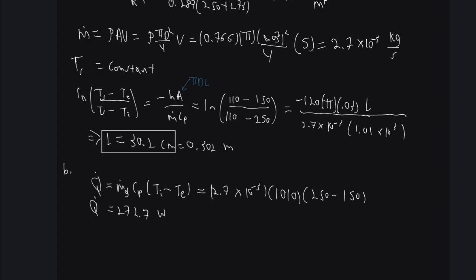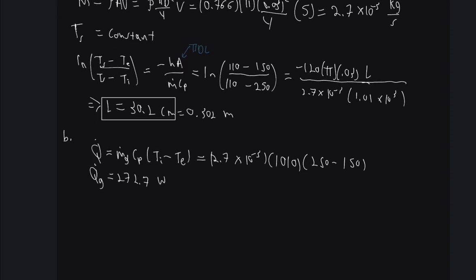And now we need to figure out the rate of evaporation. So we know from energy balance that Q dot gas minus the Q dot of evaporation must be equal to 0.